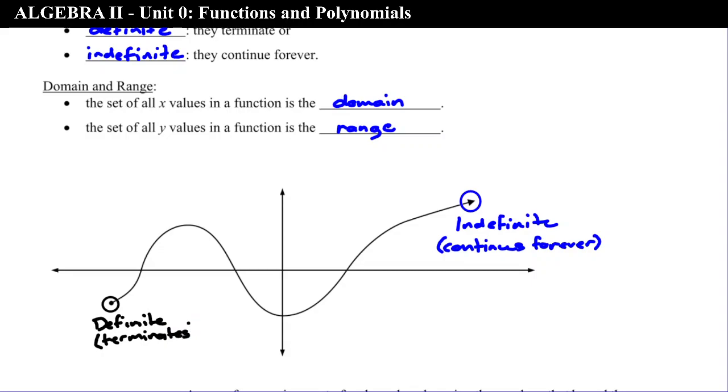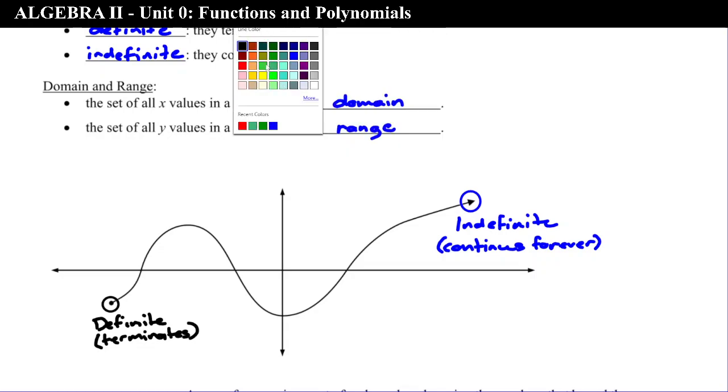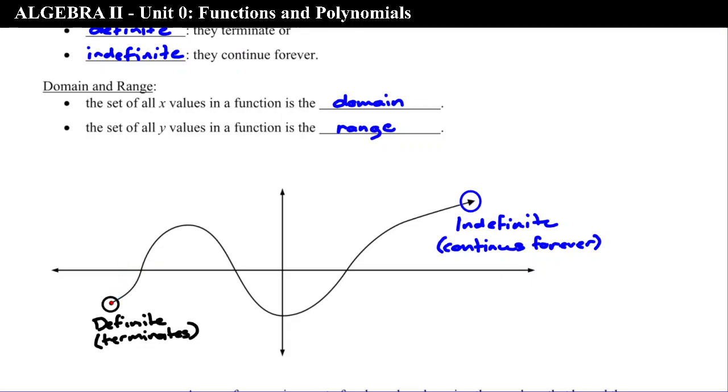All right, well, now let's talk about our domain and range. Now we know where the ends of our function are. We can determine what our domain and range intervals are. Okay, so for domain, we're going to be looking along the x-axis. So we're looking from left to right, okay? So let's put this in red. So we're going to start from the left-hand side of this graph. And this is as far left as the graph goes, okay?